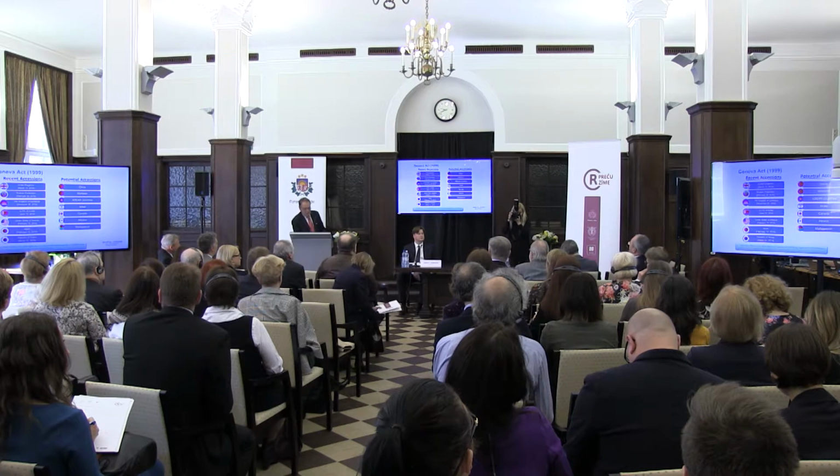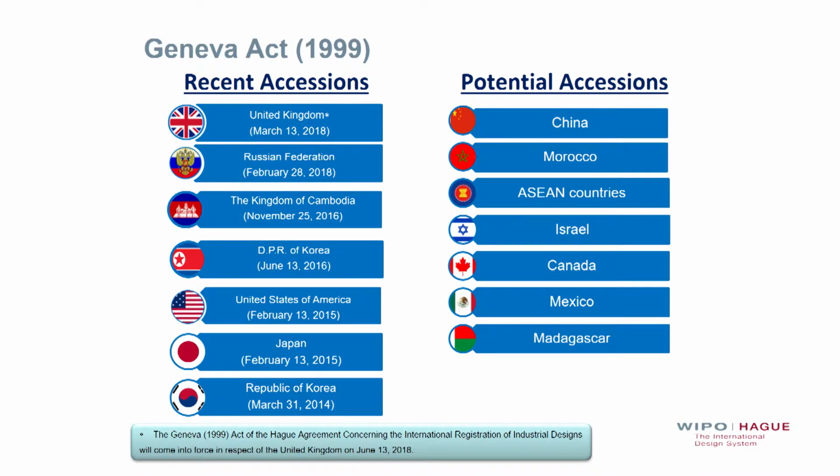Recent accessions. The most recent accessions, it was Russian Federation, and on March 13, 2018, the United Kingdom deposited the act of ratification, and starting from June 13, 2018, United Kingdom can be designated in the international application in individual capacity, because now you know that you can designate European Union, which includes all 28 member states, and of course the United Kingdom will be among this number of members.